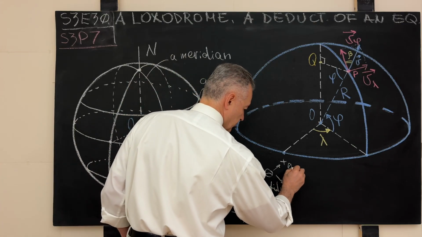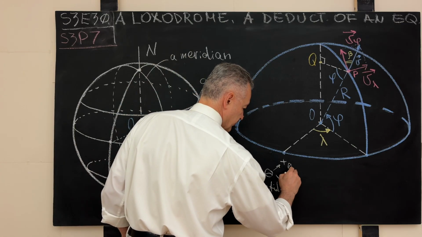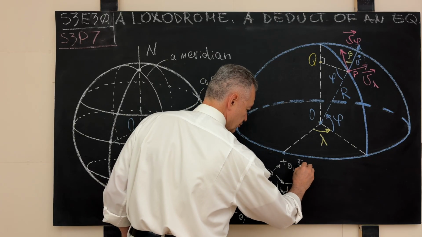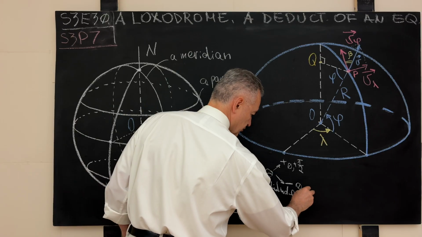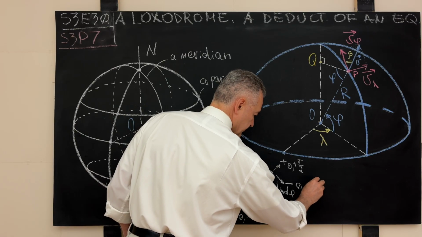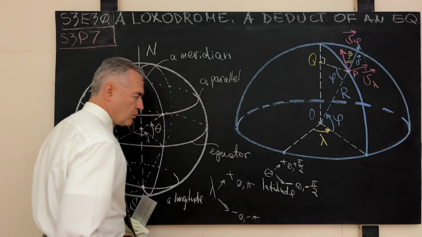In the first case, we will measure them by real numbers that range from 0 to positive pi over 2, and in the negative case, they will run from 0 to negative pi over 2.